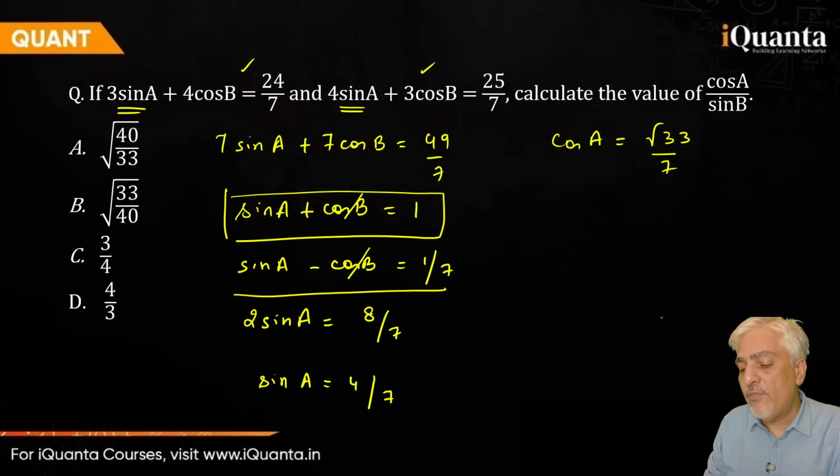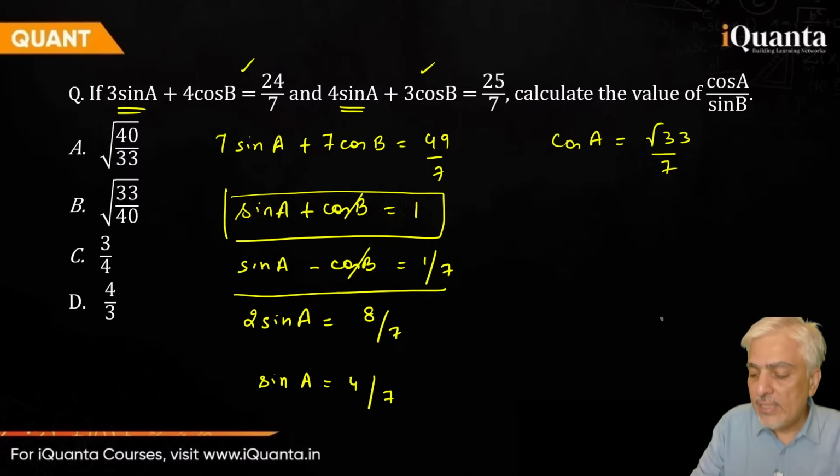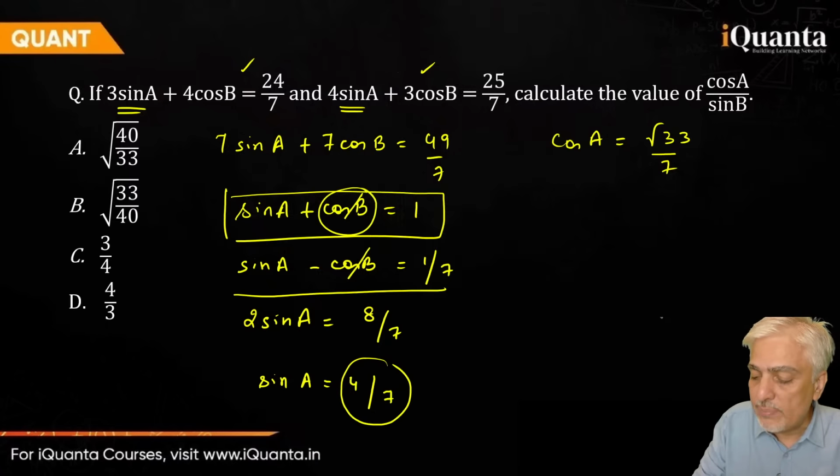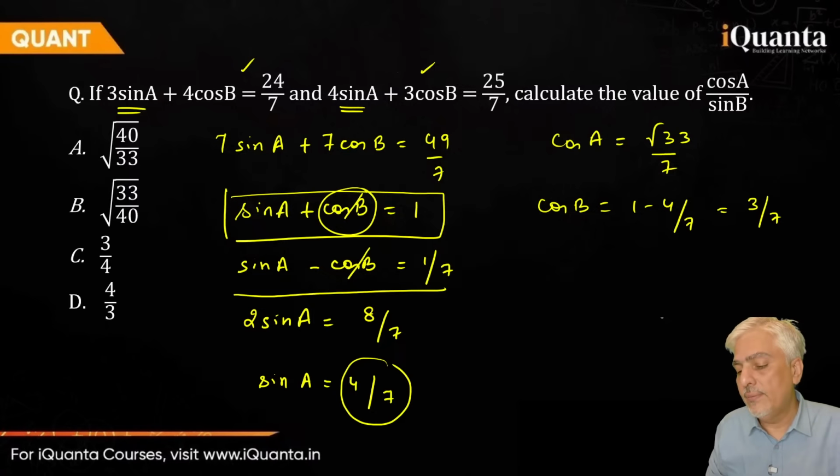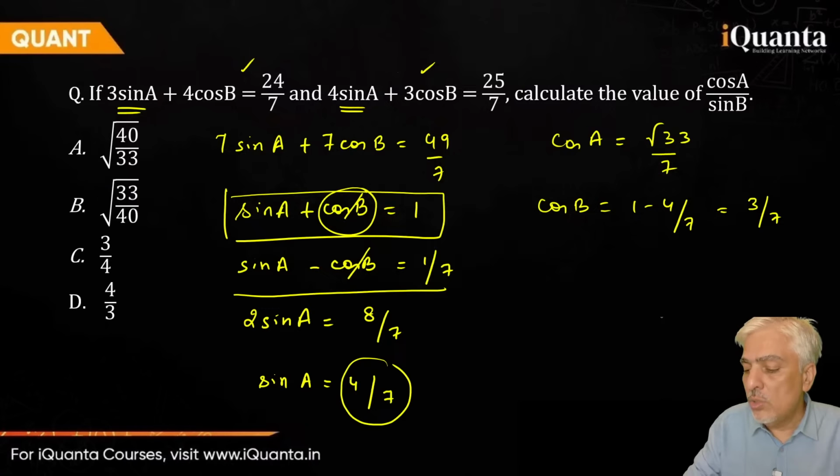Let's do the same thing for cos B. Sin A we got 4 upon 7. So how much is cos B? Cos B will be 1 minus 4 upon 7, which is 3 upon 7. Now, sin B will be how much?